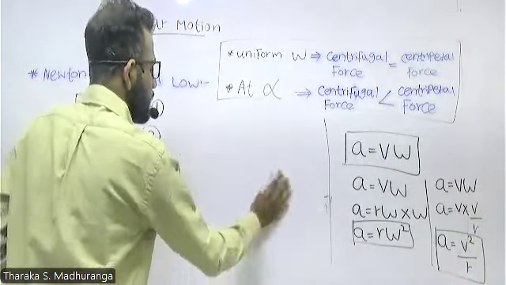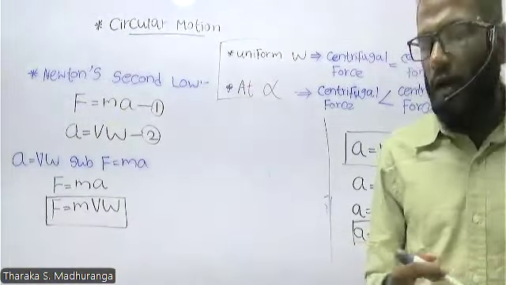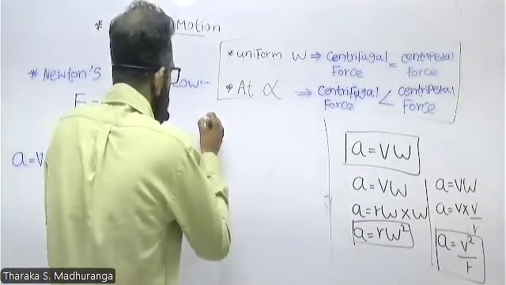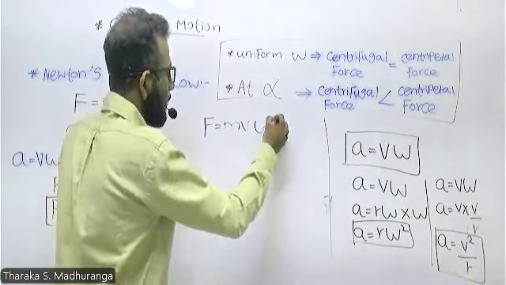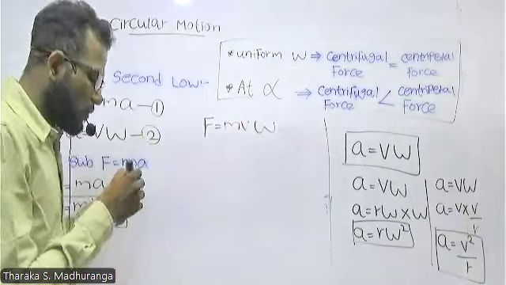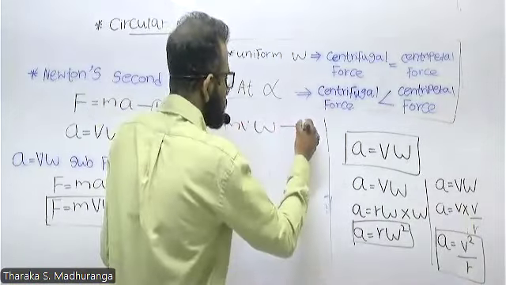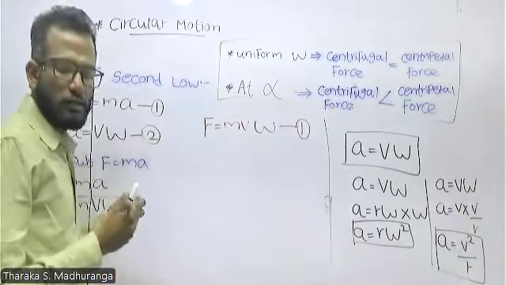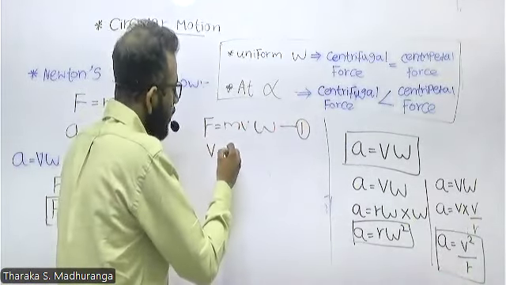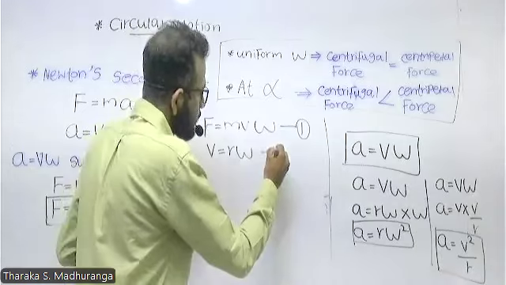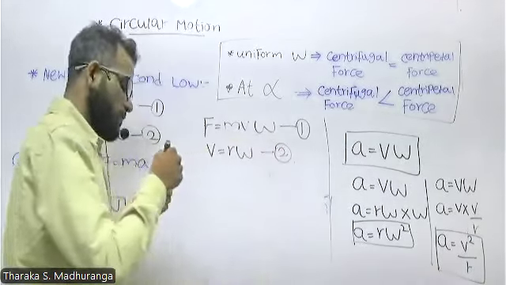After that, you have the basic equation F equal mv omega. Keep that as the first equation. Then you already have the speed equation v equal r omega. Take this as the second equation.